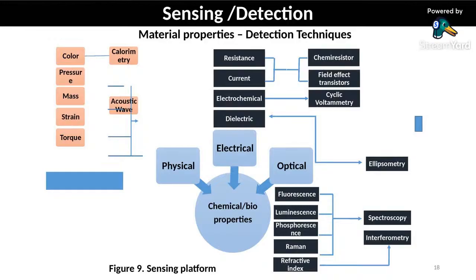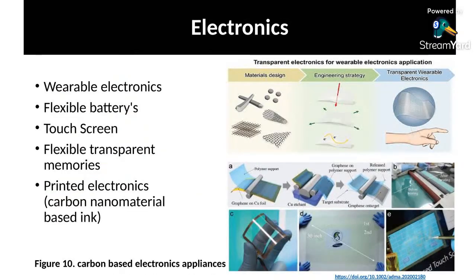These techniques will be enhanced by using carbon nanotubes with them. So sensing is another use. We want to sense air pollutants, different soil pollutants, water pollutants, different hazardous materials, different types of microbes. So sensing is an important application of carbon-based nanomaterials.